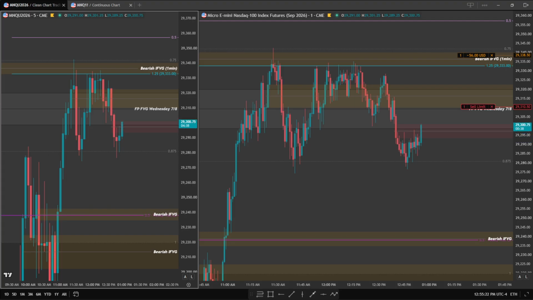The entry is also right around the consequent encroachment of this Wednesday gap. Okay. That's the fill.